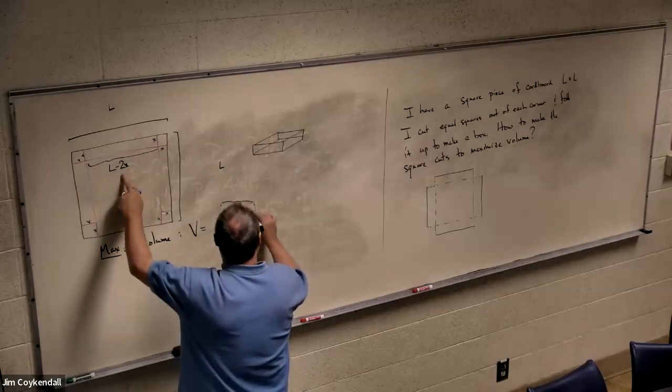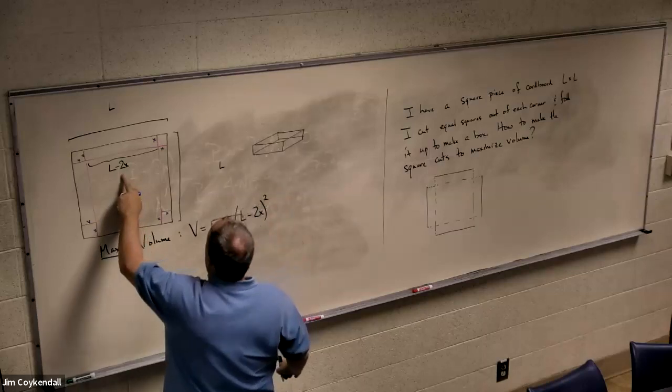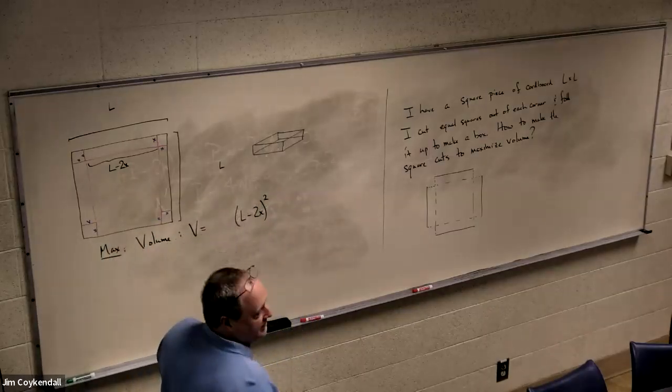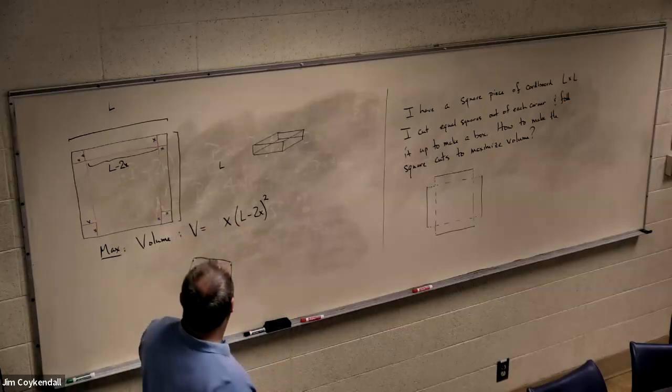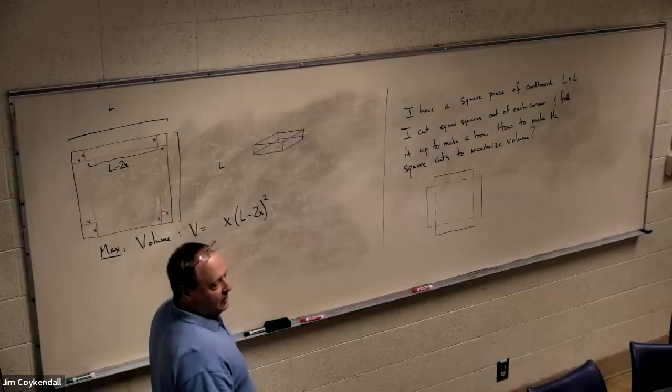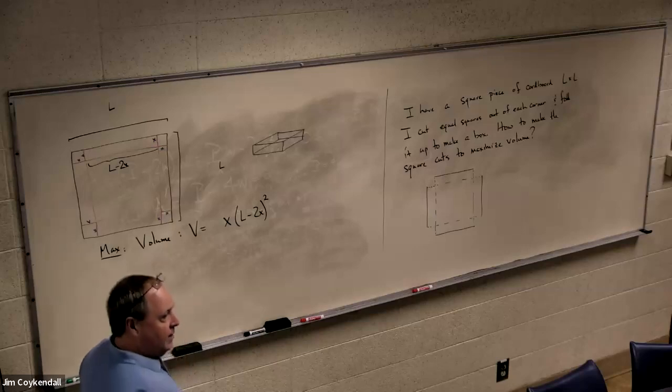It's L minus 2X quantity squared times the height of the box, which is X. This is what we're trying to maximize. Right.